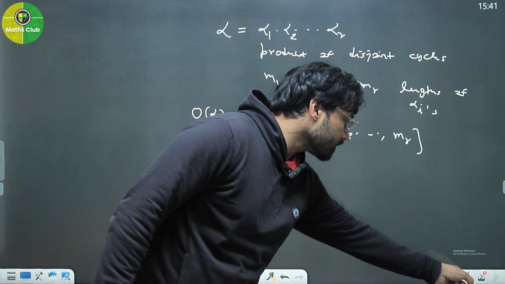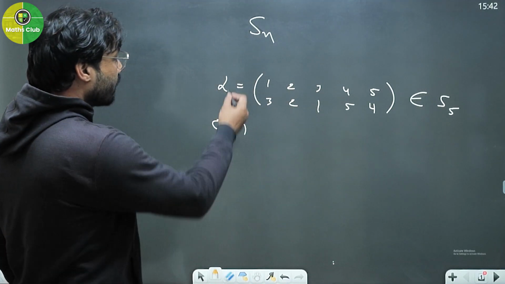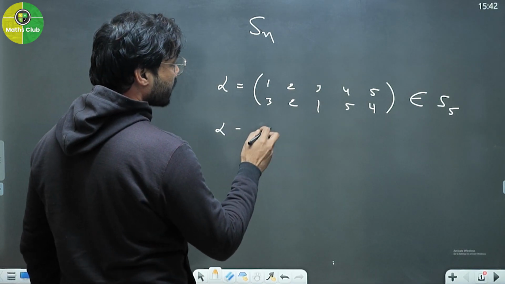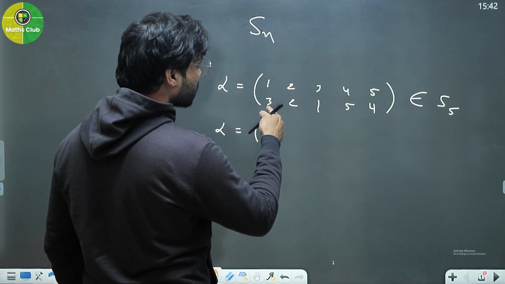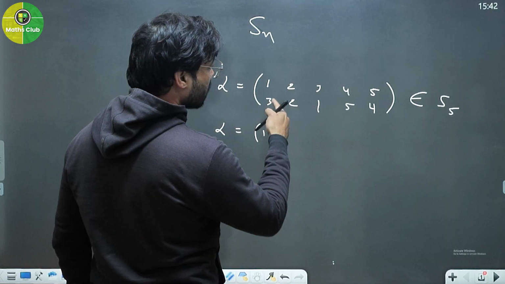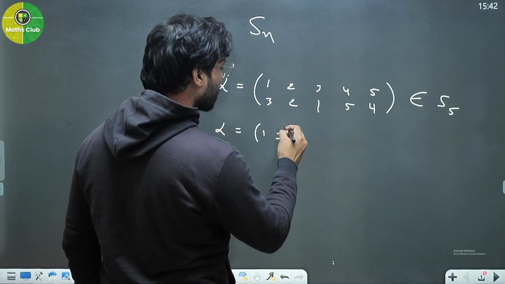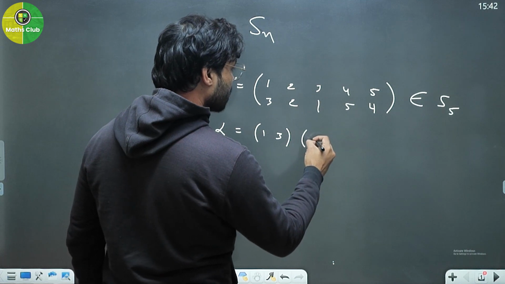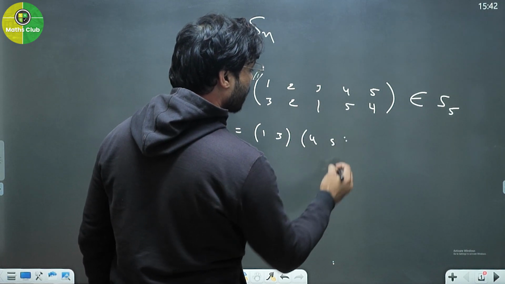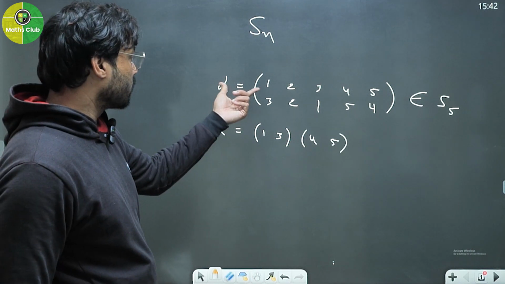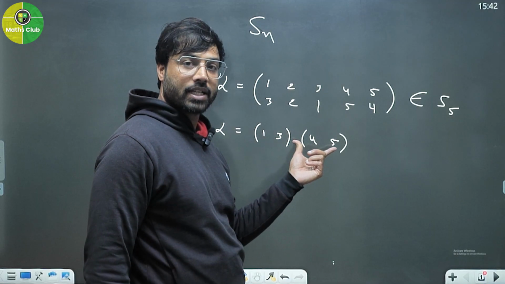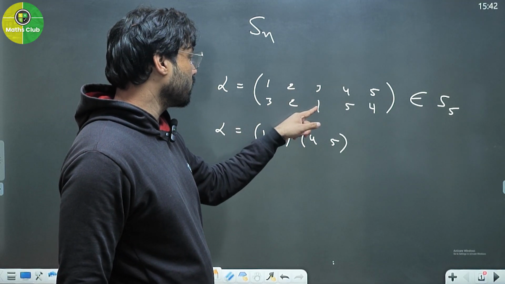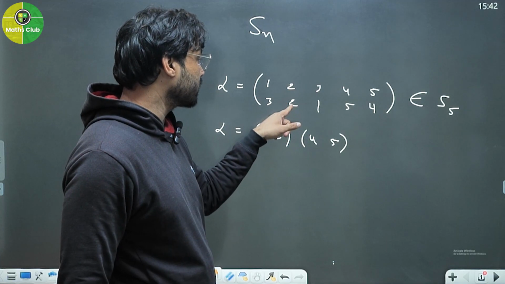Now in this example, alpha can be written as follows. 1 goes to 3 and 3 goes to 1, so that is the cycle (1 3), and 2 is fixed.